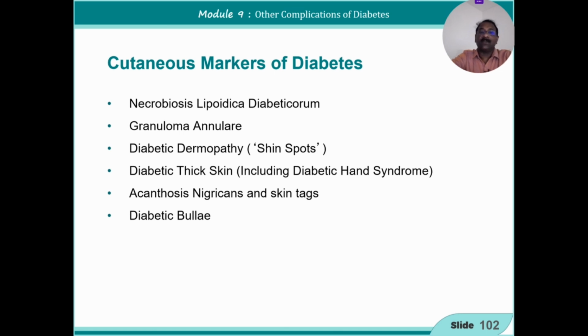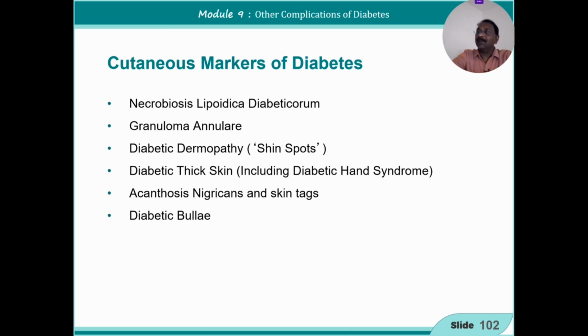So mostly we see acanthosis nigricans and skin tags on the nape of the neck, with a velvety appearance, to know whether the person is having insulin resistance or not. But not only that, please look for the other things also, like necrobiosis lipoidica diabeticorum, granuloma annulare, diabetic dermopathy, shin spots, especially over the feet and legs, diabetic thick skin, diabetic hand syndrome, diabetic bullae.